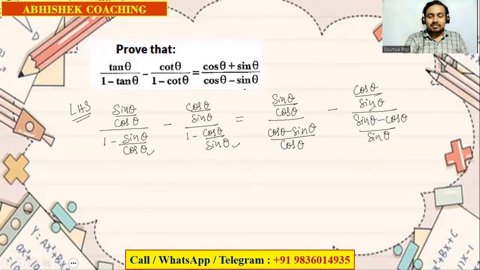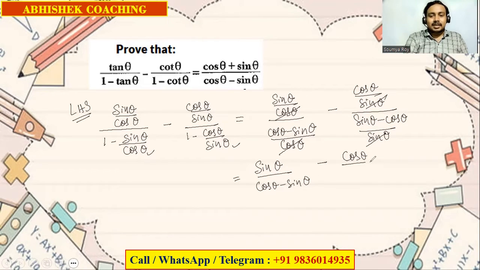Very easy. Now we can cancel cos and cos, we can cancel sin and sin, no issues. So I'm left with sin theta by cos theta minus sin theta minus cos theta by sin theta minus cos theta.